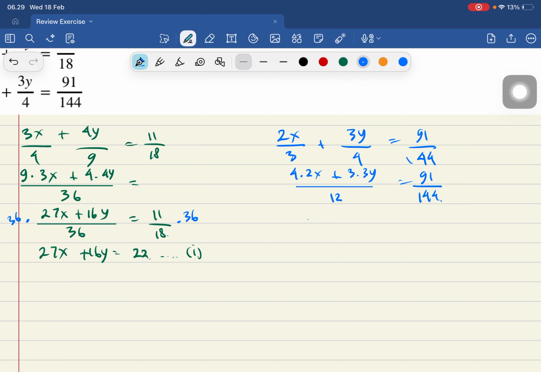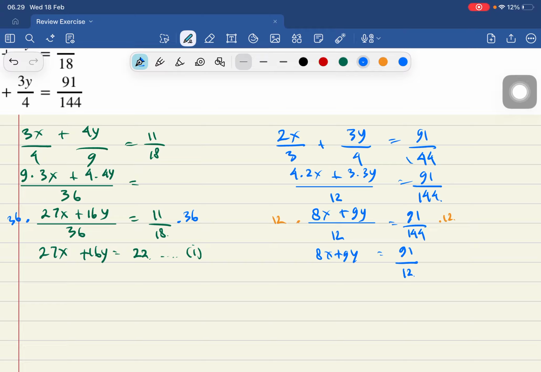So it's going to be 8x plus 9y, divided by 12, equal to 91 over 144. To get rid of 12, we multiply by 12. So 8x plus 9y equal to, we got 144 divided by 12 is 12, so 91 over 12.